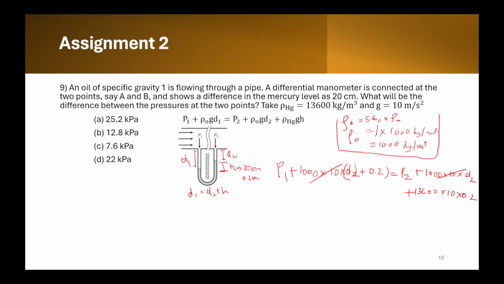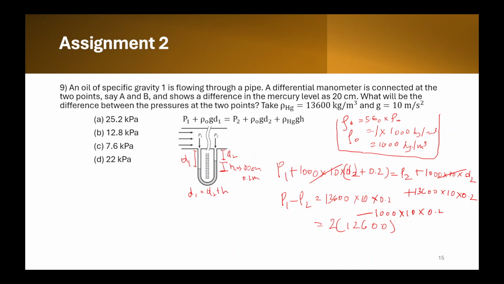So this will come this side and P2 goes to that side. P1 minus P2 is 13,600 into 10 into 0.2 minus 1000 into 10 into 0.2. So if we take 10 into 0.2 common, so 0.2 into 10 into 12,600, because this is negative sign.